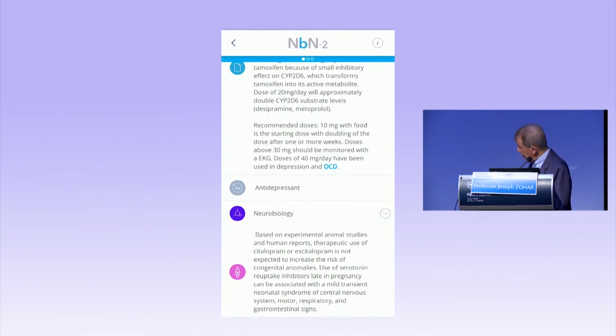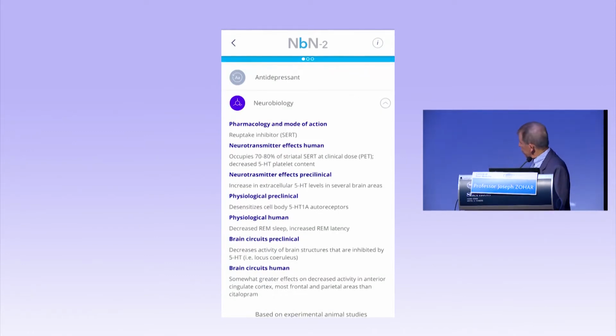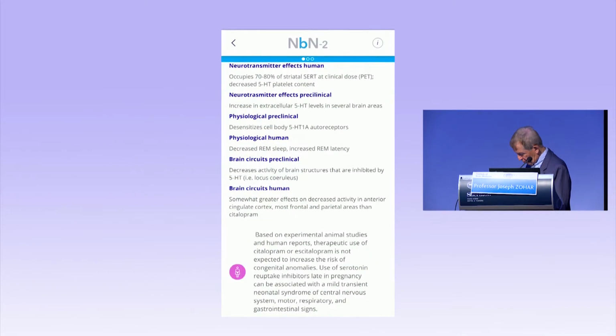There is also a layer about pregnancy, and if you touch upon the neurobiology, you get the neurobiology of the medication, moving on from preclinical to clinical.